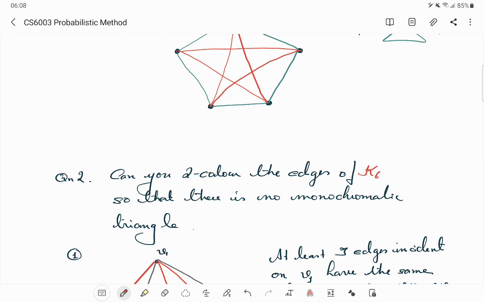So I'm trying to do things in this course in a way such that you not only see the proof, but you also see the motivation behind the proof, why this is done in this way, and how the original mathematician who proved it would have arrived at this kind of an idea, and so on.